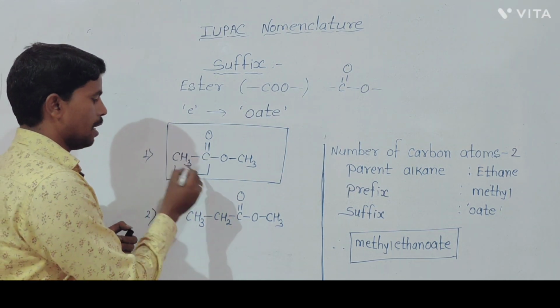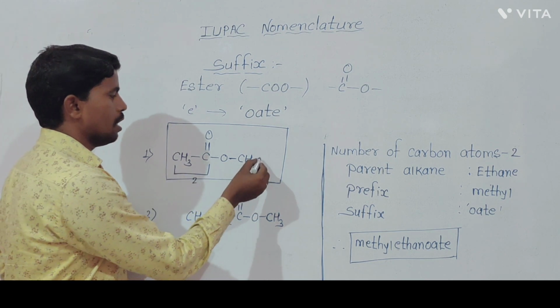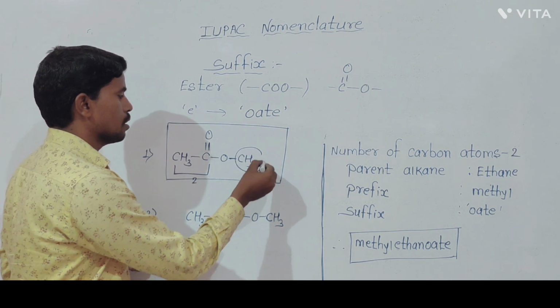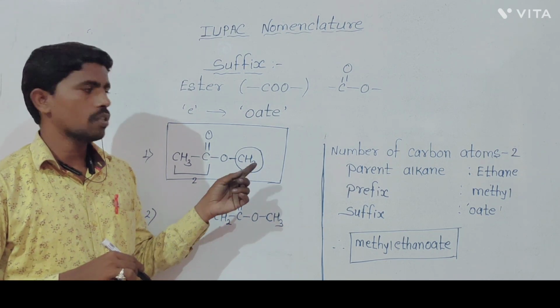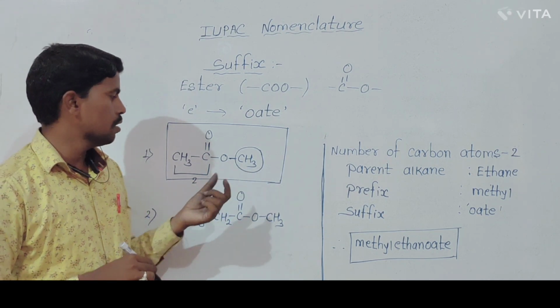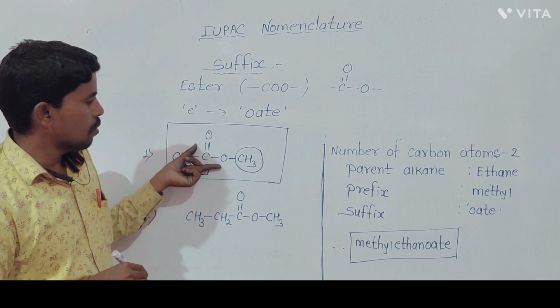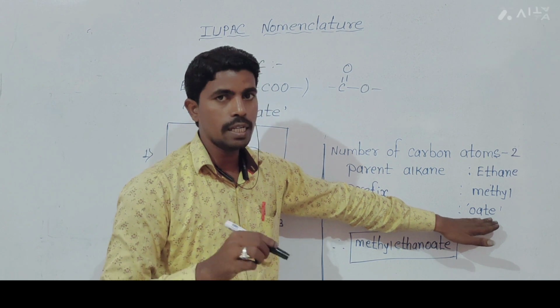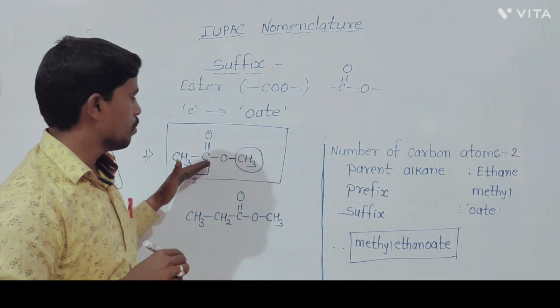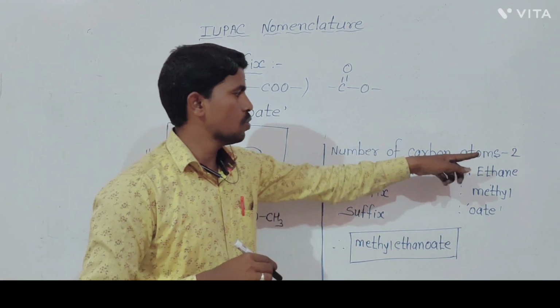Here 2 carbon atoms are present and one CH3 is present. This CH3 is a prefix. For this, we should use methyl, and the suffix for COO is OATE. Therefore, the number of carbon atoms is 2.